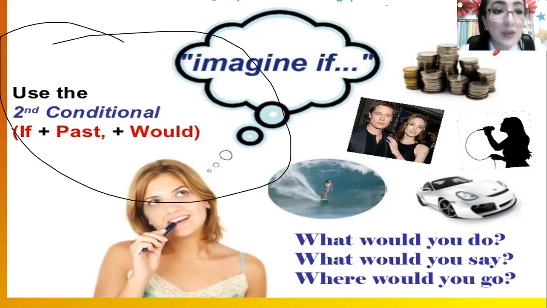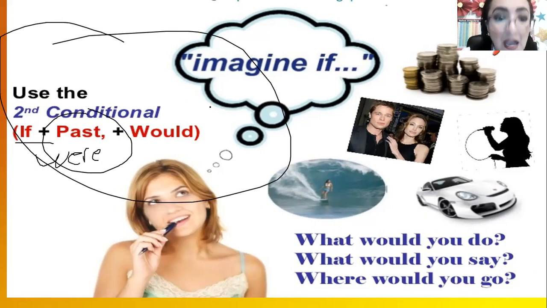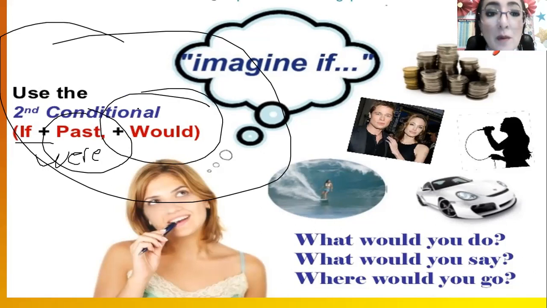That's when we make use of the second conditional. If everything in past, remember, with the verb to be, and my would, my could, or my might. Excellent. What could you do? What would you say? Where could you go?